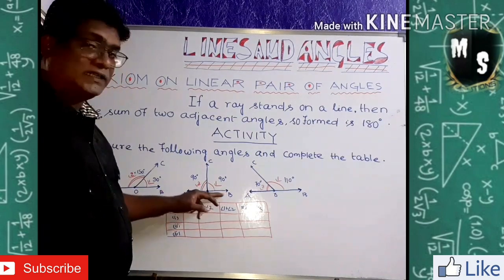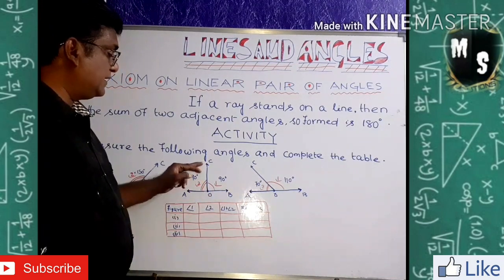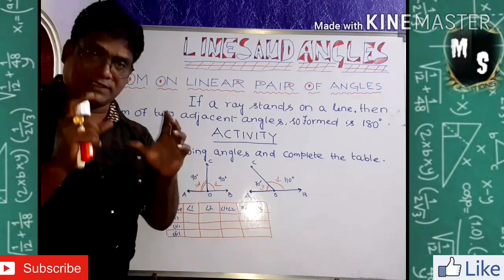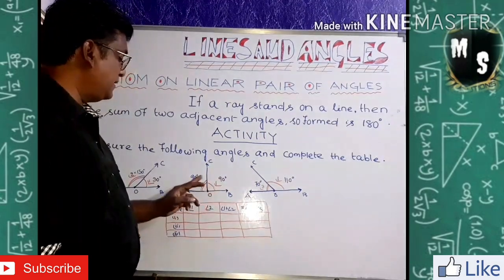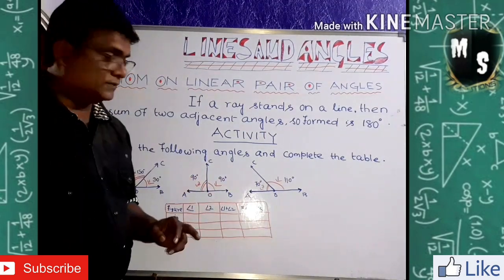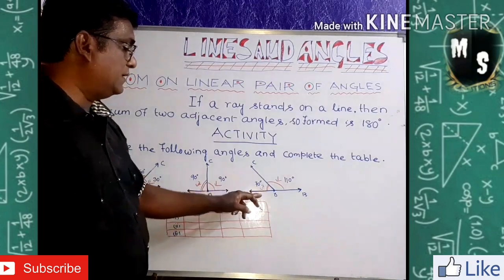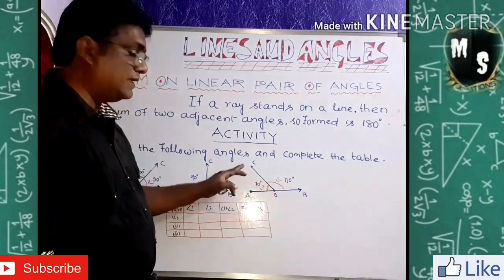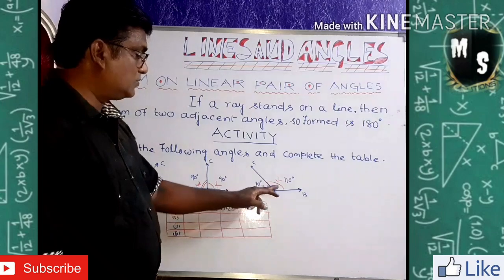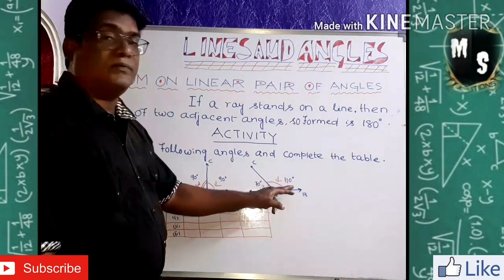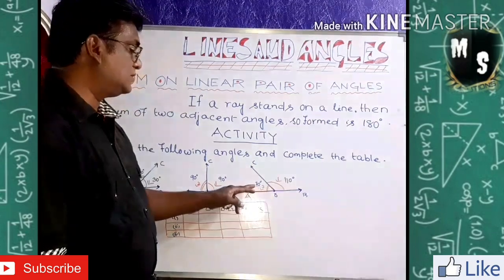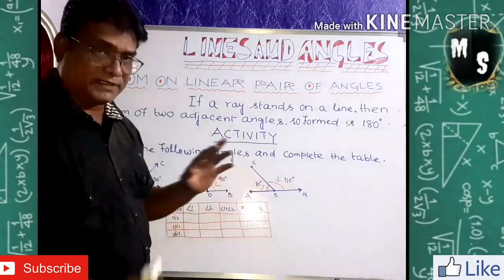Another line I took, AB, and a ray is standing, OC, and when I measured them, I got 90 and 90 degrees also. Now another line, AB, and OC is standing on that. Here I measured the two angles. The first angle came to 110 degrees and the second angle came to 70 degrees.